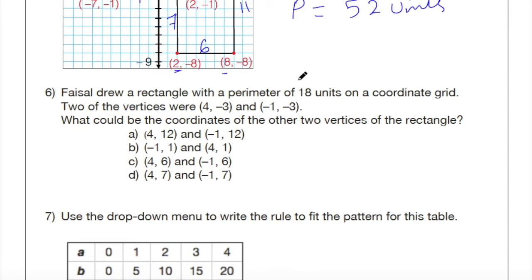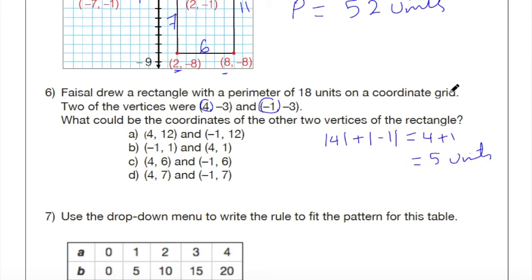Here, if we calculate the distance between these two vertices, 4 and -1 have different signs, so we're going to add the absolute values of both. So it will be 4 plus 1 equals 5 units.